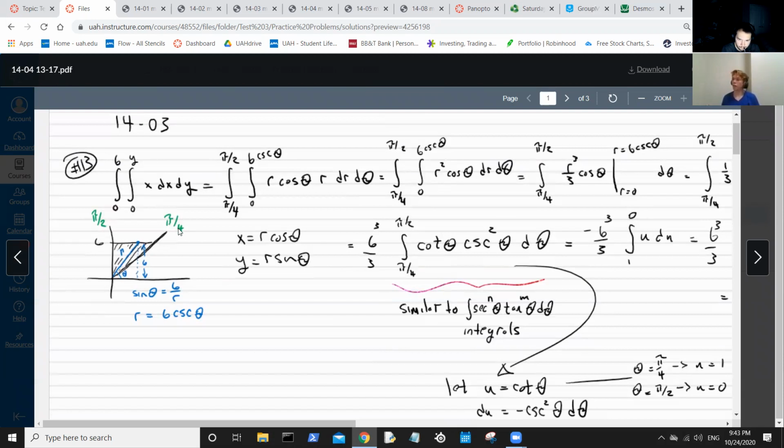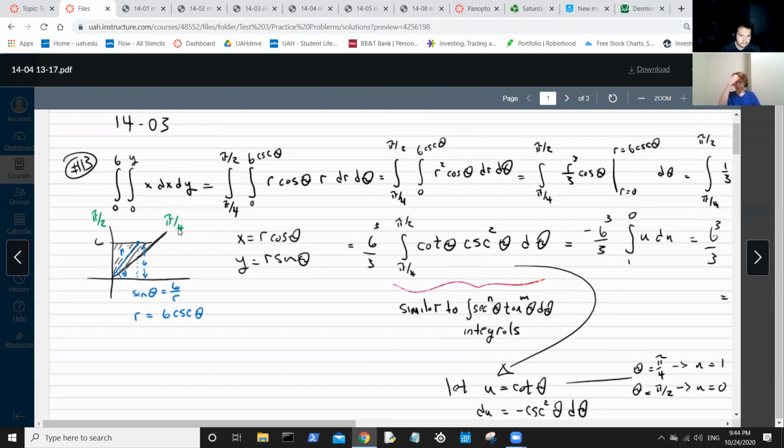So the length of r spans between 0 and the full length of r, which is 6 cosine theta. Cosecant or cosine? Cosecant, I'm sorry. Yeah, cosecant theta. That's what it ends up becoming.